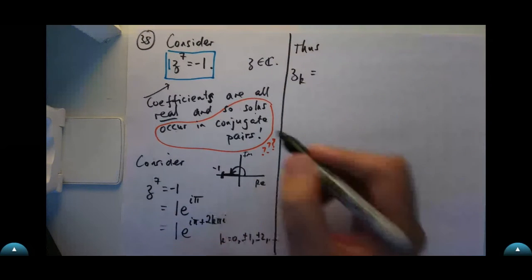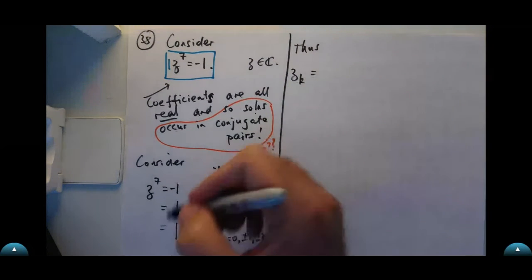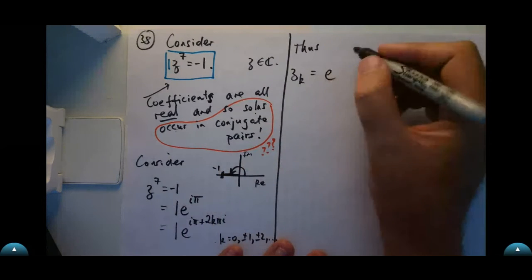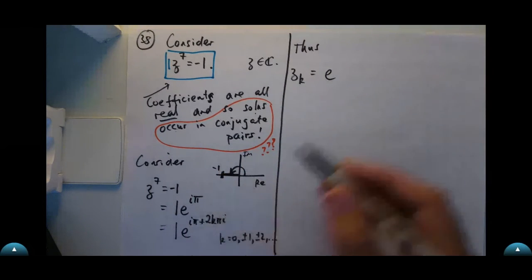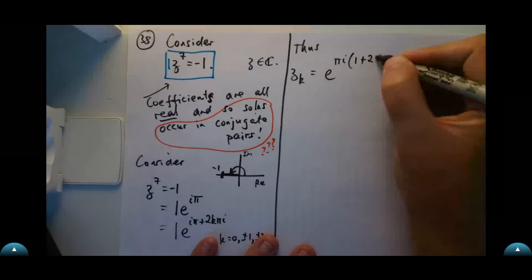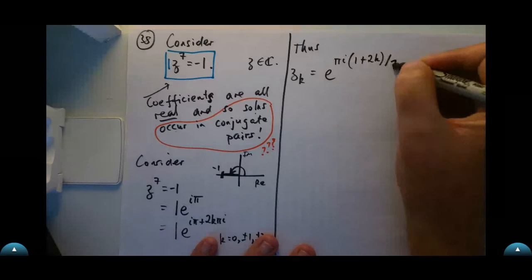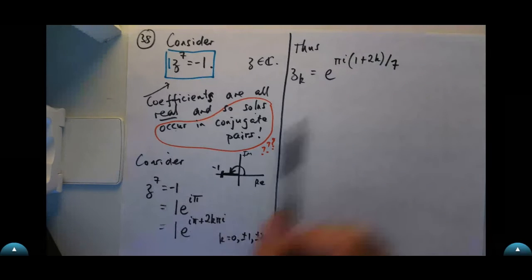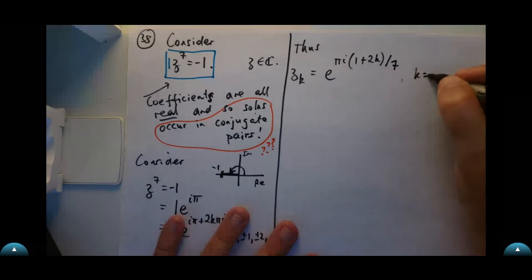Okay, so let's take the 7th root of both sides, and I'll make a little subscript there just to say I've got a sequence of solutions here, right? Let's factor out the pi i's. So I've taken the 7th root of both sides here. So that's the same as e to the power 1/7.